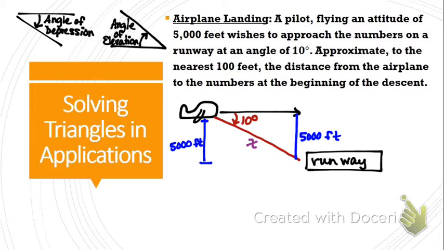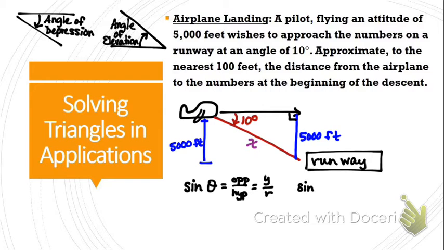What trig function would help me figure this out? Sine. Why sine? Opposite over hypotenuse. We're going to use sine of theta, because that is opposite over hypotenuse, or we can think about that as y over r. Do we have an angle to put in for theta? 10.